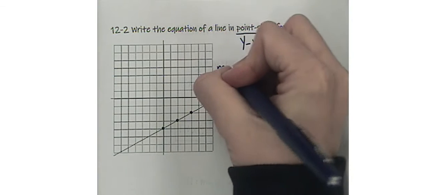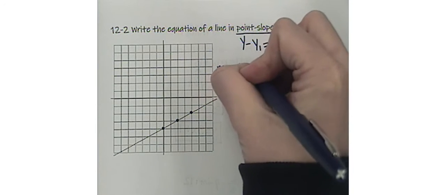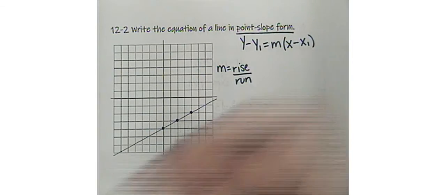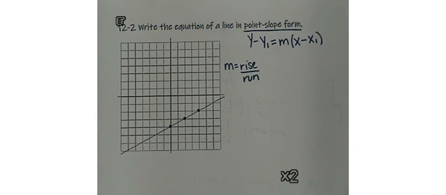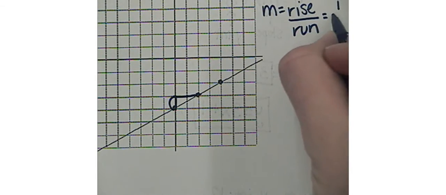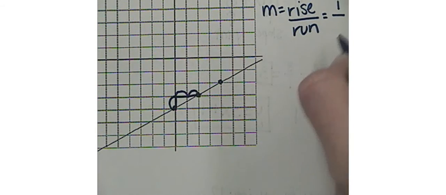Our m, which remember is our rise over run. I'm going to draw in my stair step. From here to here, we're rising 1, we're running 2, and this graph is increasing, so I have a positive slope, so leave it as a positive 1/2.